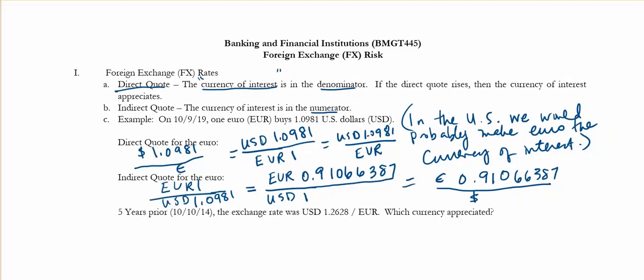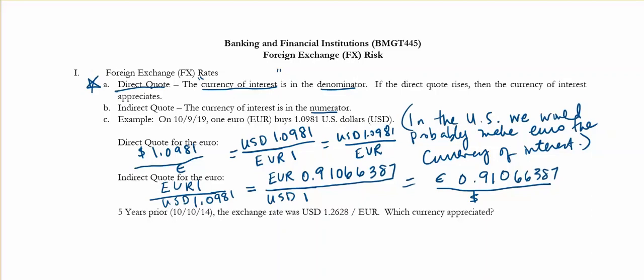Now, if the exchange rate in 2014, so 5 years prior, was $1.2628 buys 1 euro, which currency appreciated? Now remember, it's the direct quote that tells us what happens to the currency on the bottom.